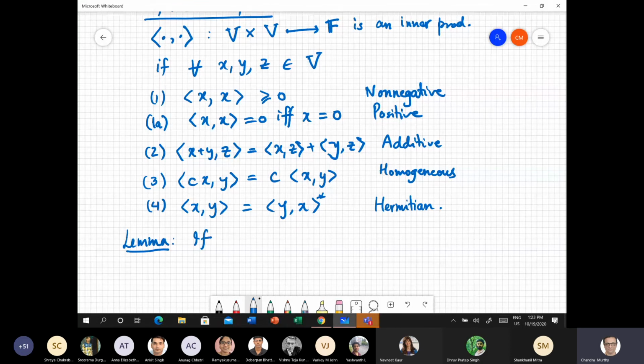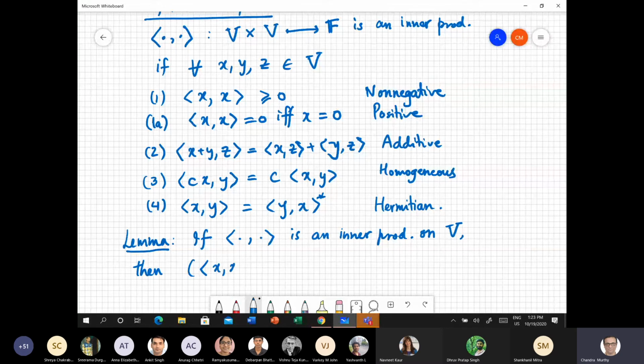If the inner product is a vector inner product on a vector space V, then the square root of the inner product of x with itself, for any x, is a vector norm on V.